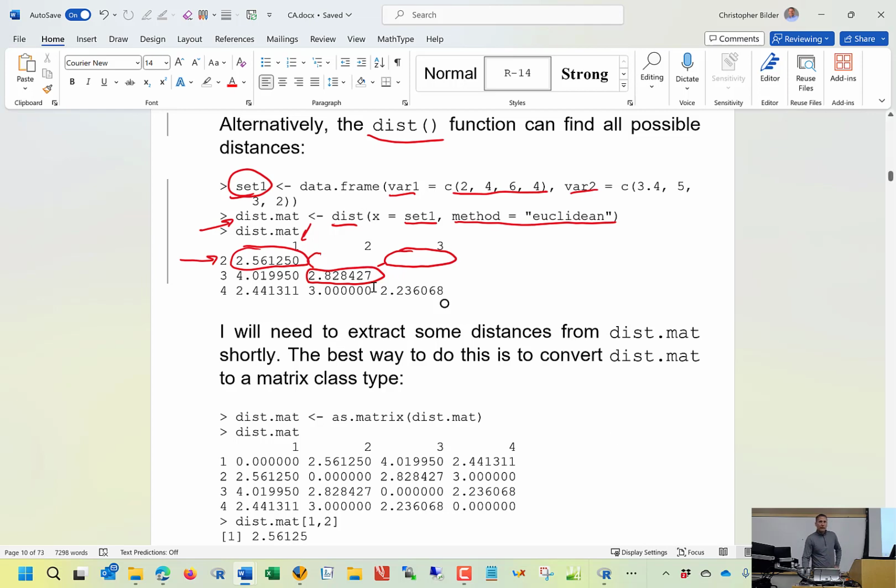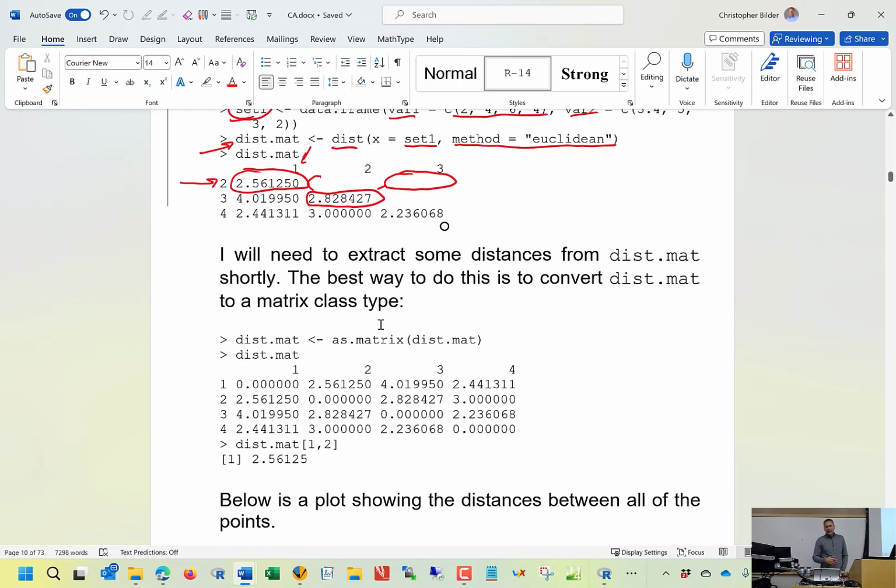Now, to do my plot coming up, I need to transform this into something that R actually recognizes as a matrix. The way to do that is a function called as.matrix, meaning treat it as a matrix.